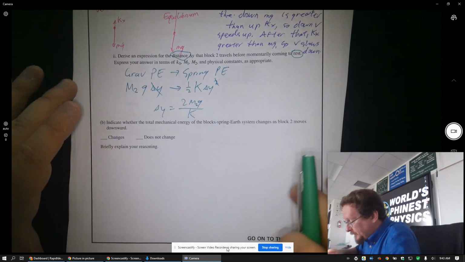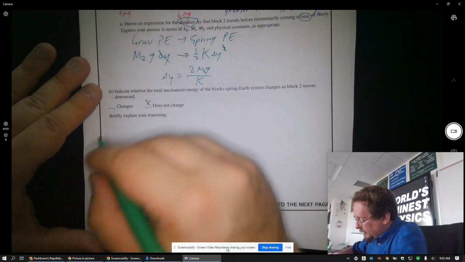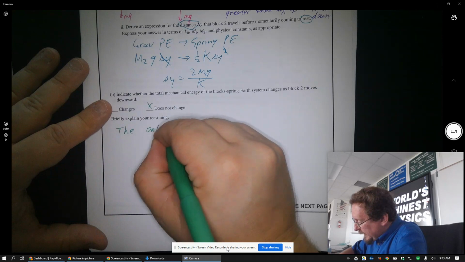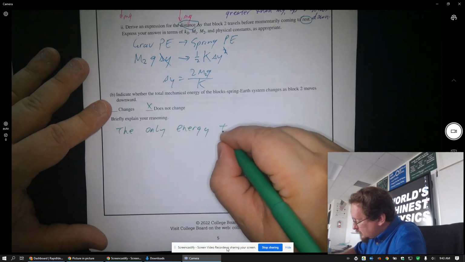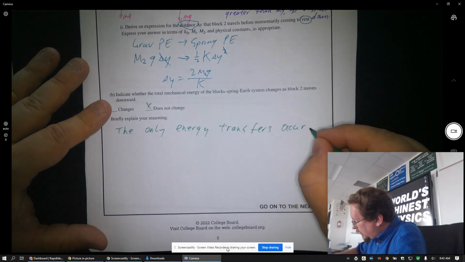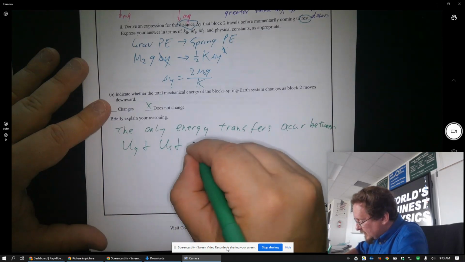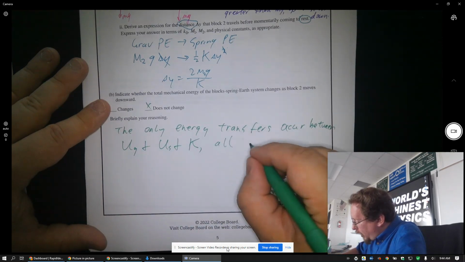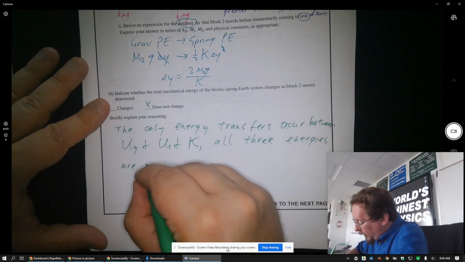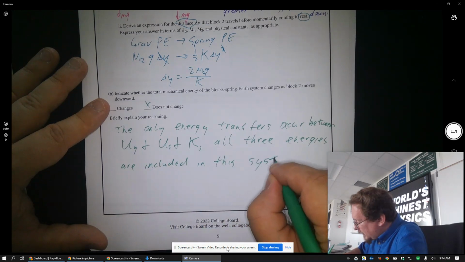Now, indicate whether the total mechanical energy of the block-spring-earth system changes. It does not change. Briefly explain your reasoning, because the only energy transfers occur between gravitational potential energy, spring potential energy, and kinetic energy, and all three energies are included in this system.